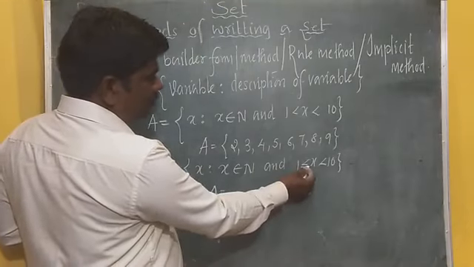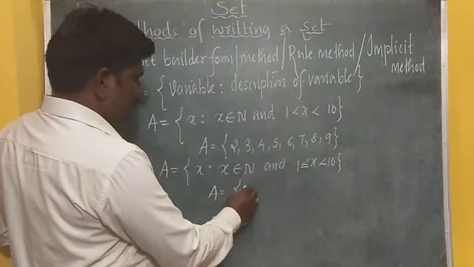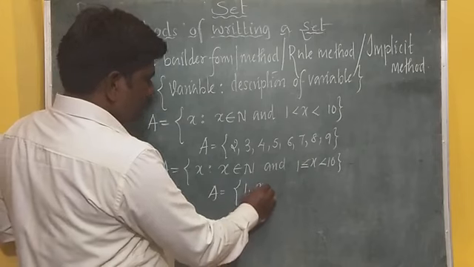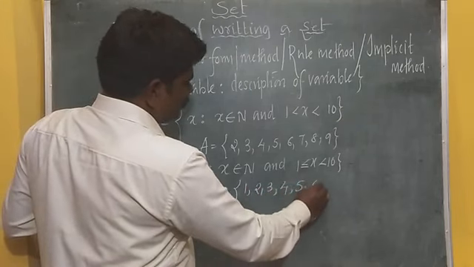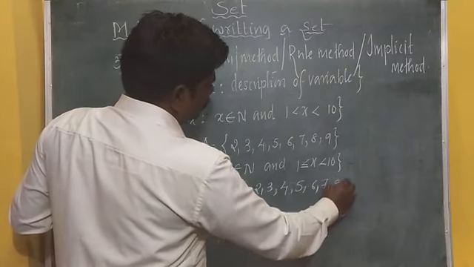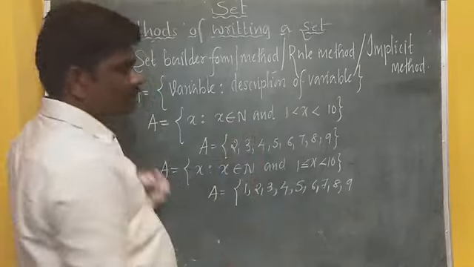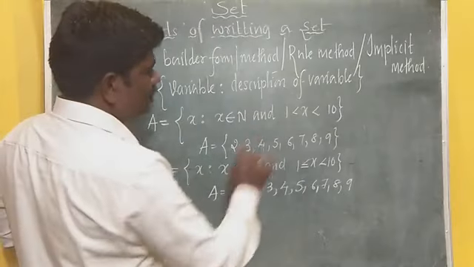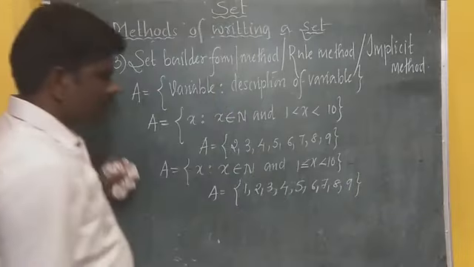Why? Because the equal to sign is there, right? So the reader will start writing 1, 2, 3, 4, 5, 6, 7, 8, 9. So he cannot write 10. The reason is because it is only less than 10. So the reader will stop writing the numbers here.